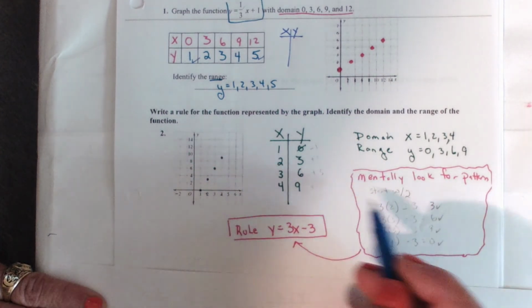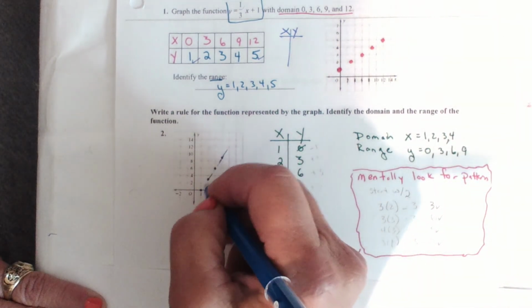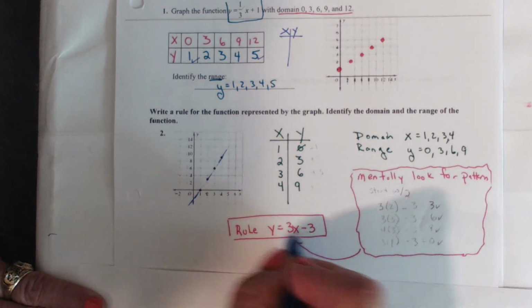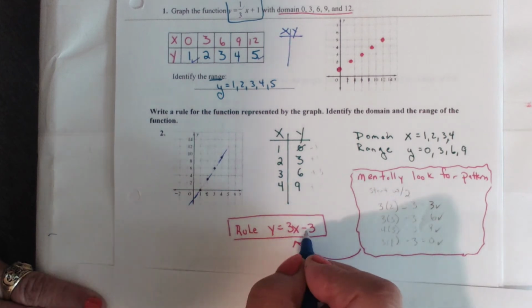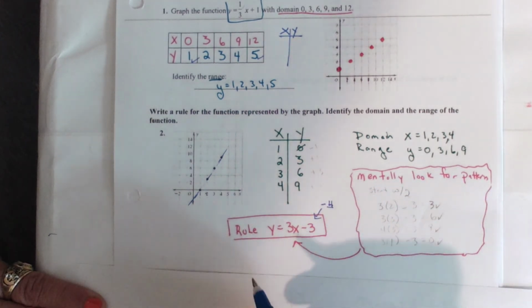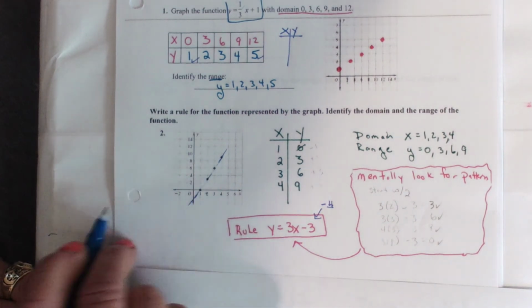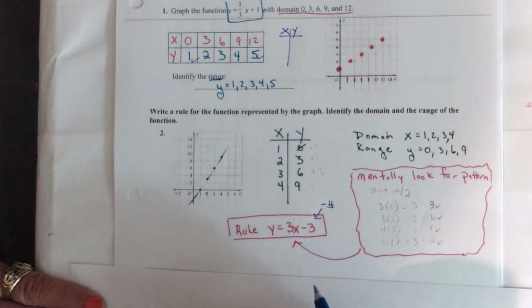And as you can see, if I draw this line, I've got a couple of things that help me out. I know that this number has to be a negative number. And I can see that my graph is steep. So that means that my number is going to be larger.